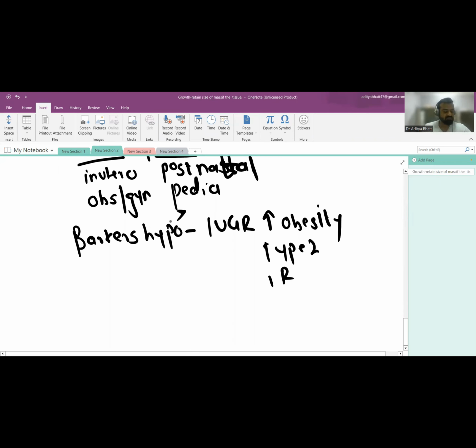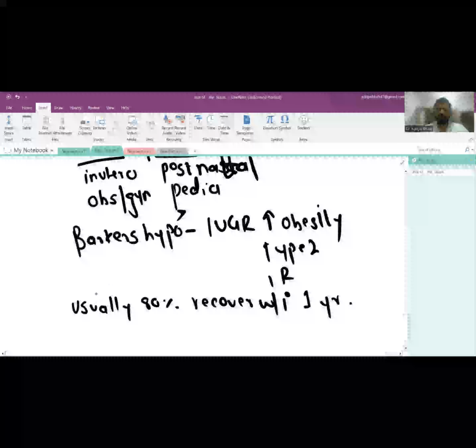Now, in an IUGR patient, you have to remember that usually 80% of the patients who are IUGR or SGA recover within 1 year. The growth recovers within 1 year. In children who are IUGR or SGA at birth, 80% recover within 1 year.